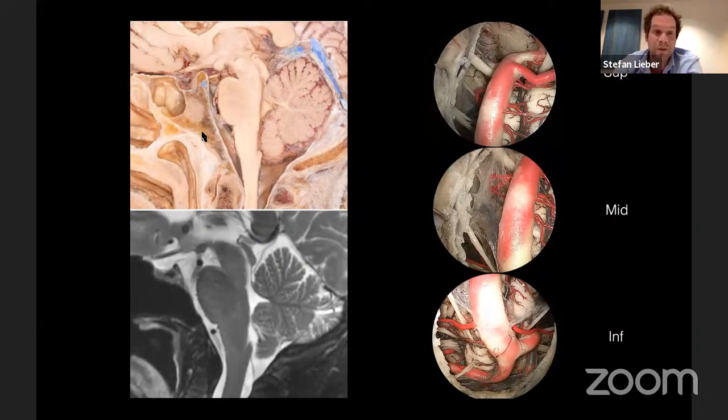The mid-clival space usually connects from the floor of the pituitary to the mid-clivus, again, floor of the rostrum or level of the foramen lacerum, pharyngobasilar junction, or the pons, which is the pontomedullary junction here with the ascending sixth nerve.